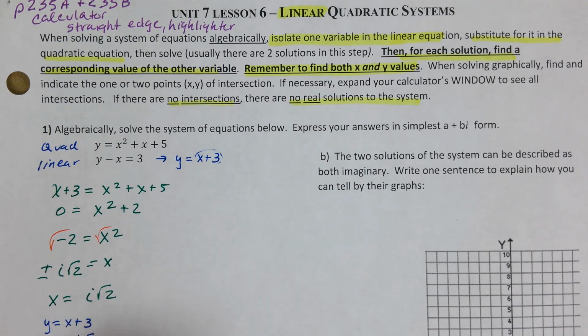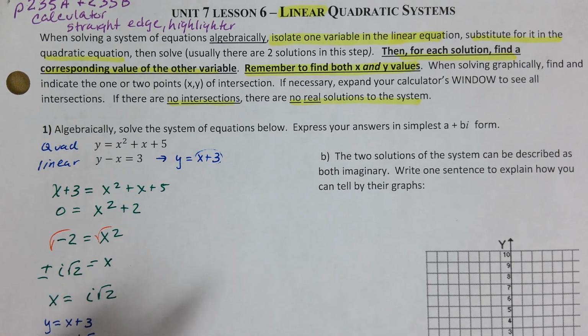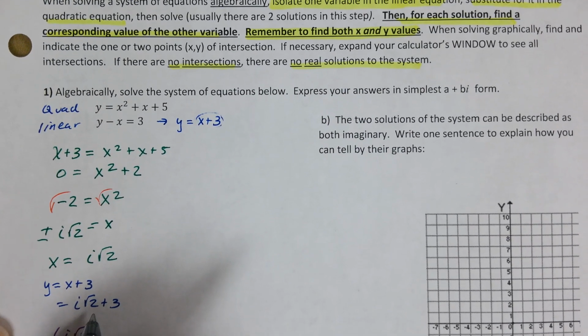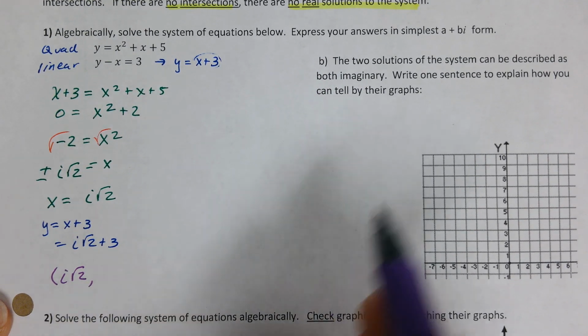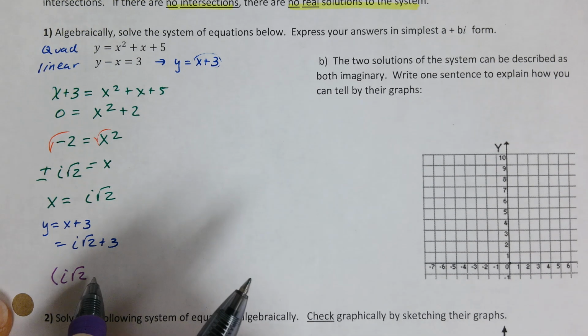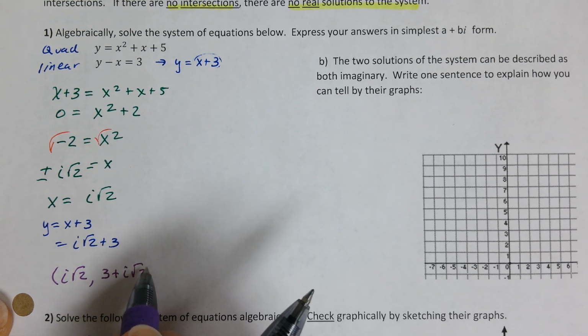Now, as the ordered pair, our x value is i square root of 2. Our y value, make sure we put this in a plus bi form, is 3 plus i square root of 2.